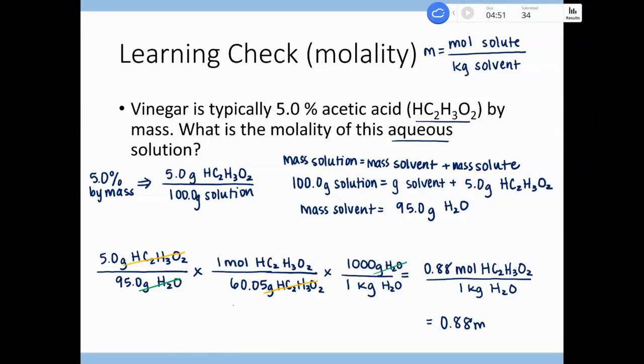So when you look back here, remember that we set this original value. We picked 100 grams to make this calculation simple. So we did that first, and then used this relationship between the mass of the solution with the mass of the solvent and solute to find the mass of the solvent, and then we put our ratios together and do conversions as needed.